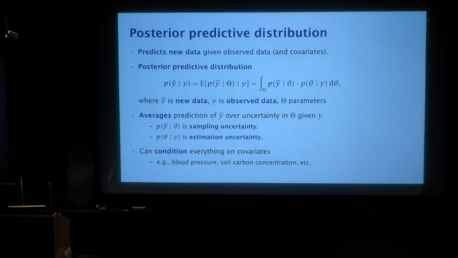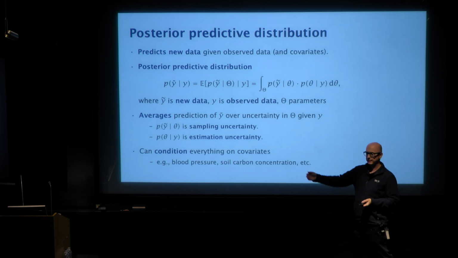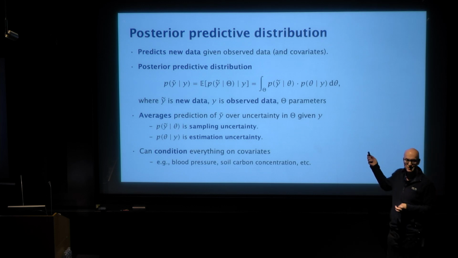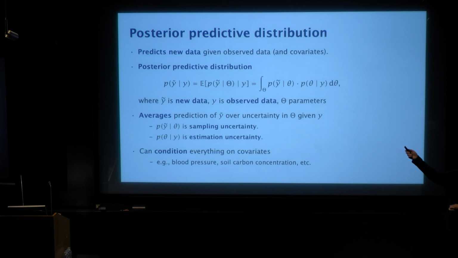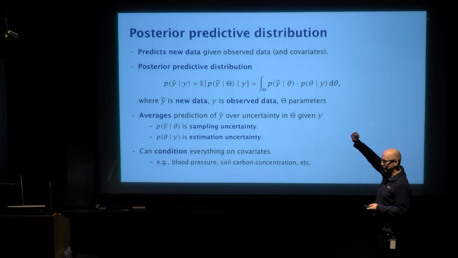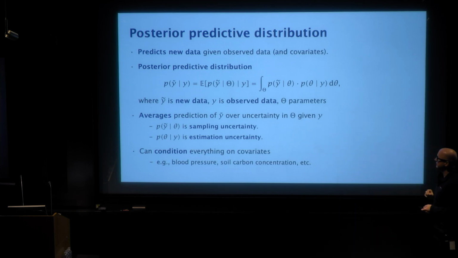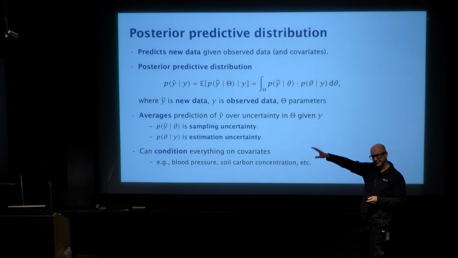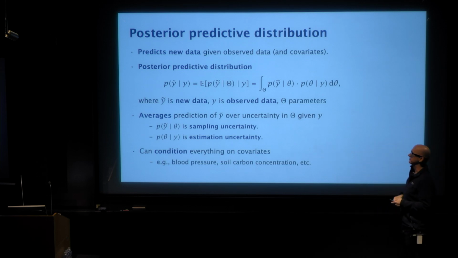Right? And the posterior predictive distribution, this is what we're going to do if we want to look at the probability of new items. I want to give you a probability distribution over things coming next. This is, for instance, what ChatGPT is doing. It's giving you posterior predictive distributions over what the next word is. So y tilde is going to be new data that I haven't seen before. y is going to be data that I've seen. And what I want to estimate is the probability, or the density, of that new data given that I've already observed some data.